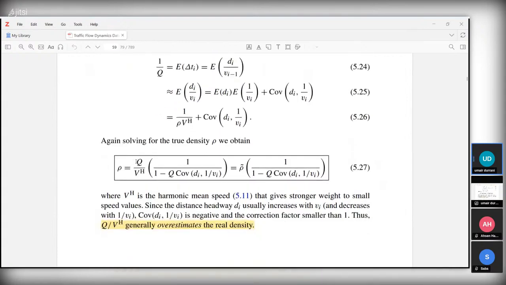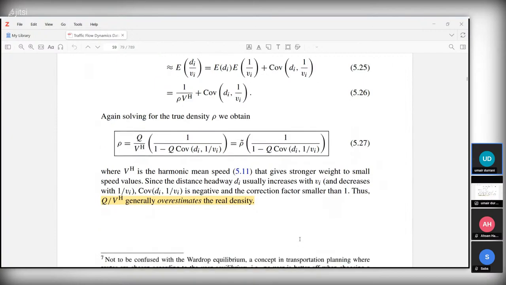Again, rho is equal to q divided by v superscript h, which represents harmonic mean speed, which represents the space mean speed. And we saw that in stationary conditions, this is enough for us to get a good estimate of traffic density. But now we use the correction factor because, again, these are non-stationary conditions. That's essentially equal to rho tilde, because q over vh is rho tilde, with the same correction factor.